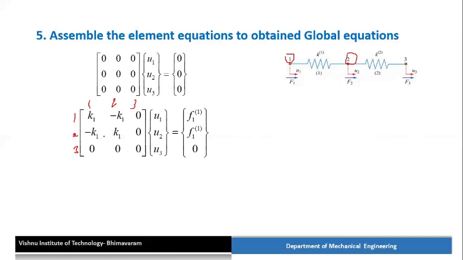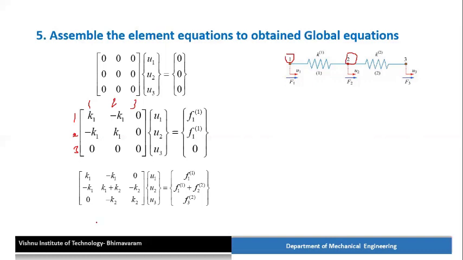Similarly, we place the second element stiffness matrix into the global one. Here we are adding K1 plus K2 at node 2, because the second point of the first element and the first point of the second element are placed at node 2.